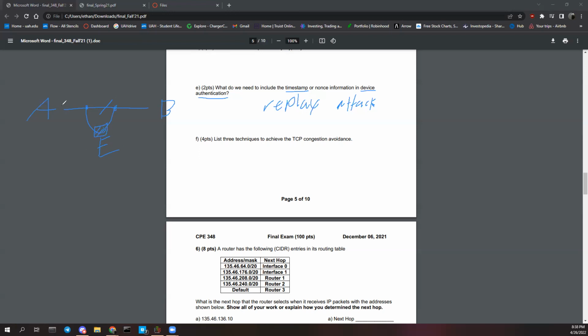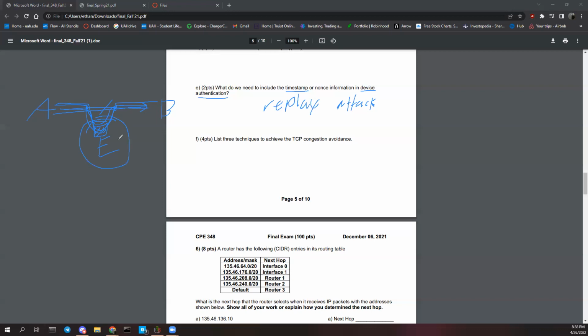A sends a message. I pass it through. A is asking to authenticate. B says, all right, and sends back a key. But then E intercepts the key, intercepts the message, manipulates it, sends it back such that when A responds to authenticate, A thinks it's talking with B or B thinks it's talking with A, but they're actually talking with E. So I've successfully spoofed who I am by replaying their messages.